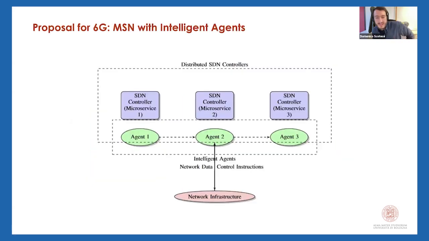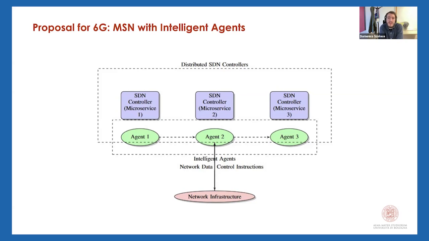What we are doing today is working on an extension of this kind of architecture. The idea is to leverage intelligence, for sure. We want to look at 6G, not only 5G.